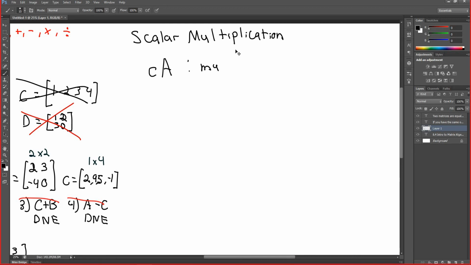I need to actually write that C as a constant. So C is constant. We just multiply each entry by C.